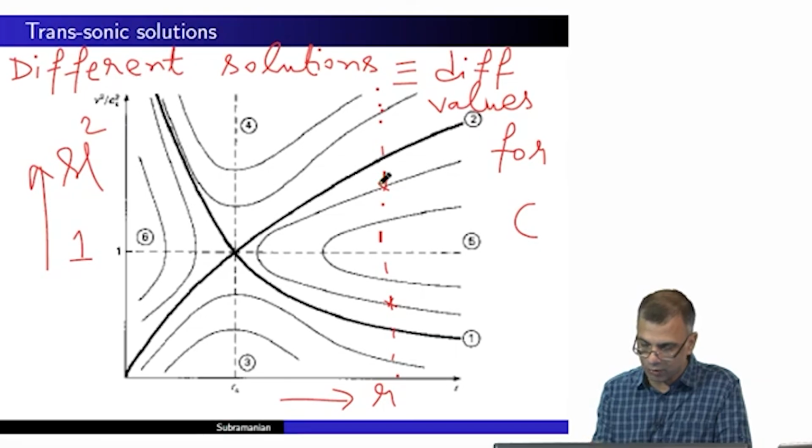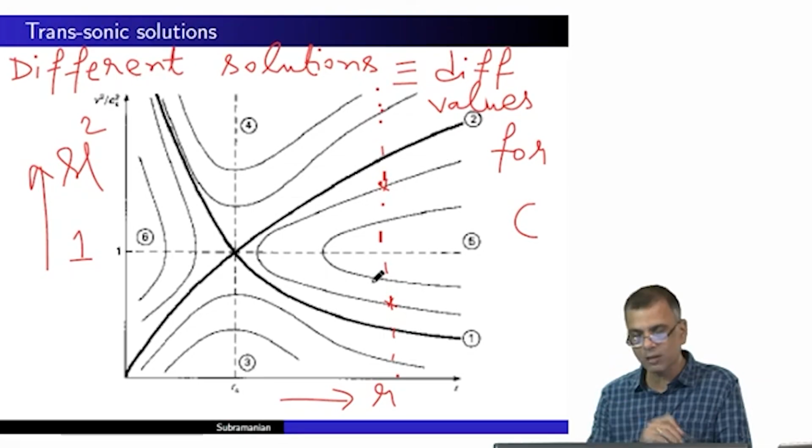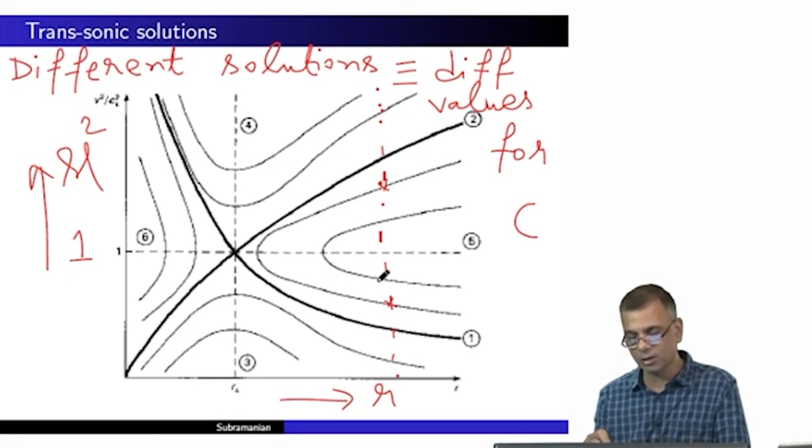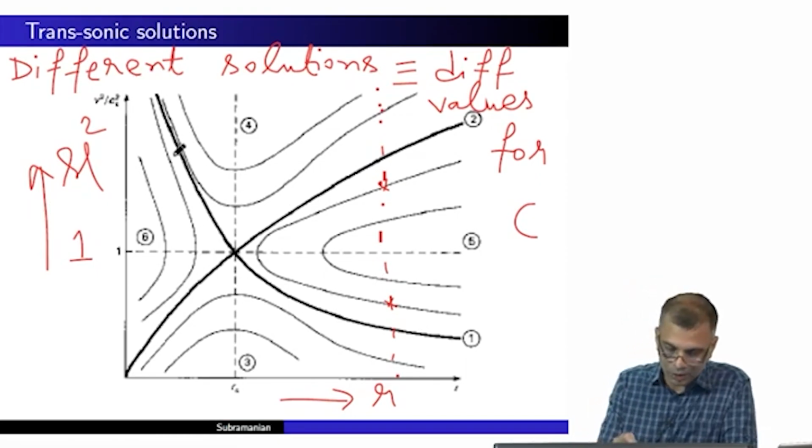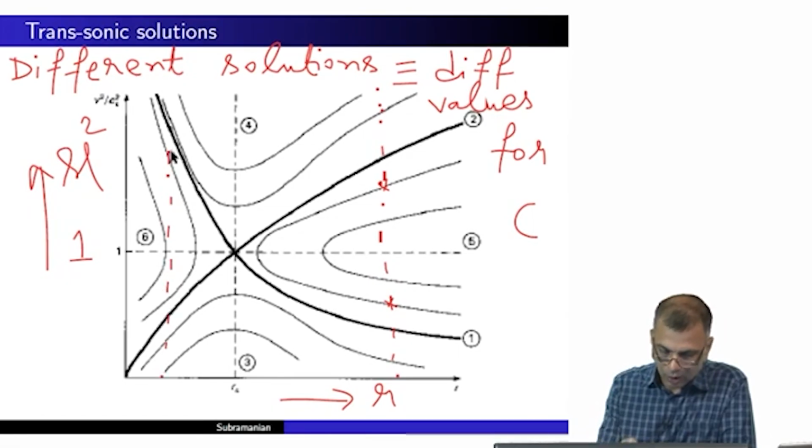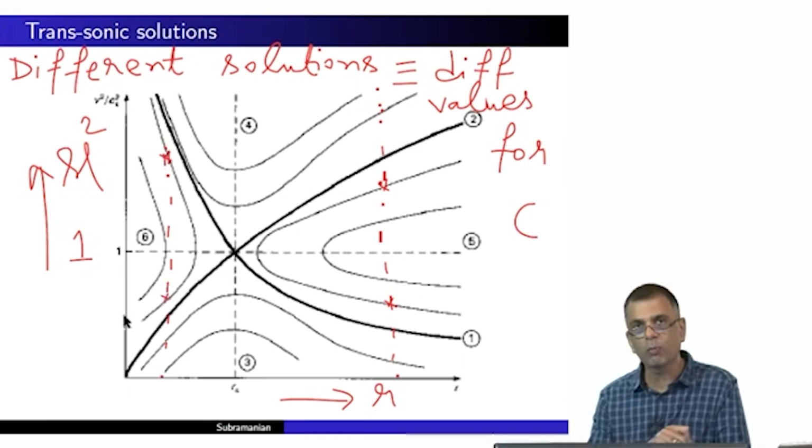Suppose I was on this outer curve. Solution 5 predicts 2 different values of the Mach number. This says that the solution is double valued. Same with solution 6. I draw a little line, and it intersects solution 6 at two points.